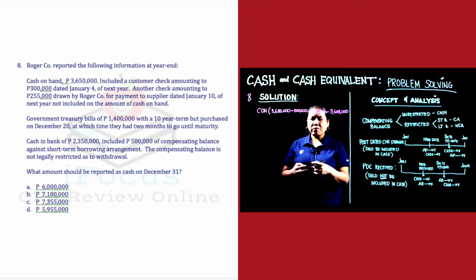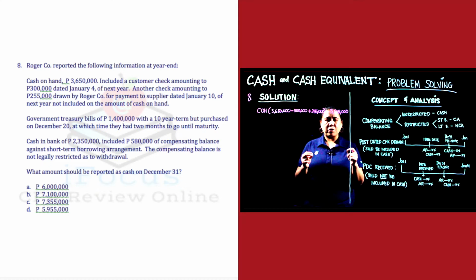Second item, government treasury bills of 1,400,000 with a 10-year term but purchased on December 20th, at which time they had 2 months to go until maturity. So, this government treasury bills napasok sa 3-month rule ng cash equivalent. Okay?